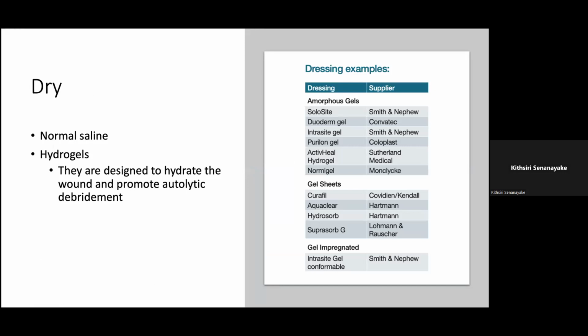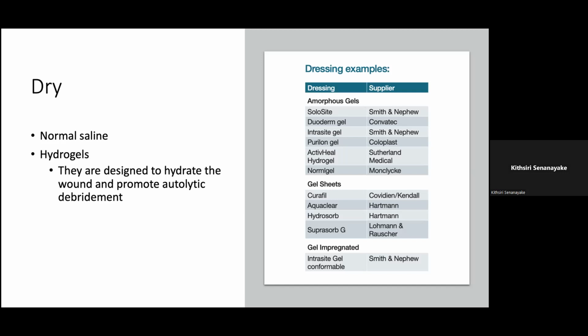You can use normal saline to keep the wound moist. And also the important point that Dr. Thushan mentioned, that if there is a dry gangrene, please don't make it wet, because it can cause infection and then sepsis.